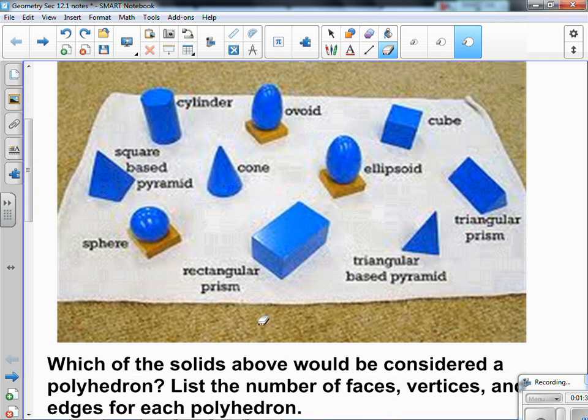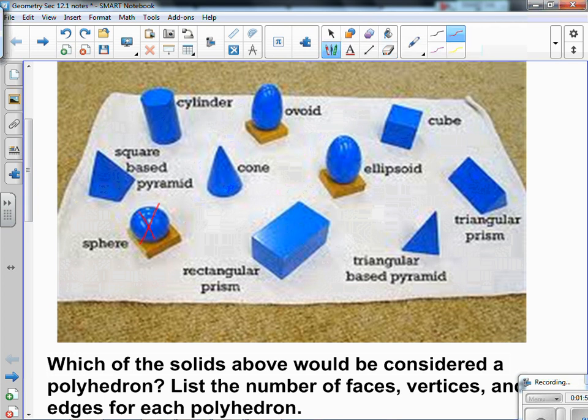And when we learned about polygons, we learned that anything that had a curve in it was not a polygon. So same kind of rule here with these polyhedron. Anything that has a curve to it is not going to be a polyhedron because it can't be a polygon face if it's got a curve to it. So that allows us to cancel out several of these real quick.